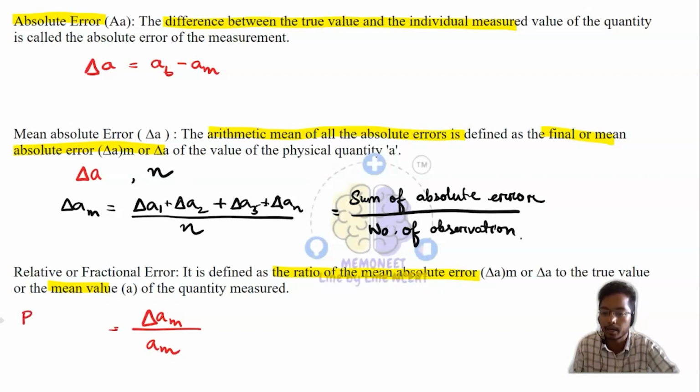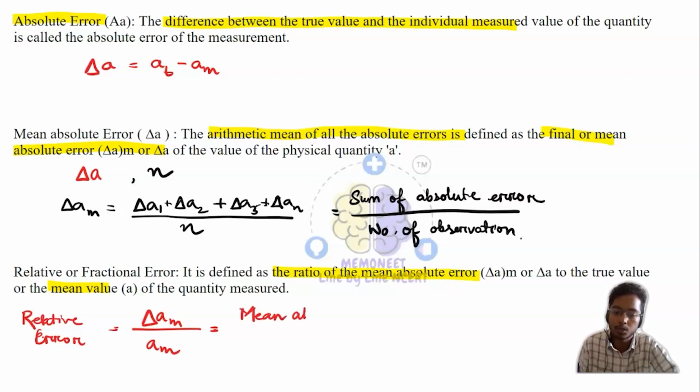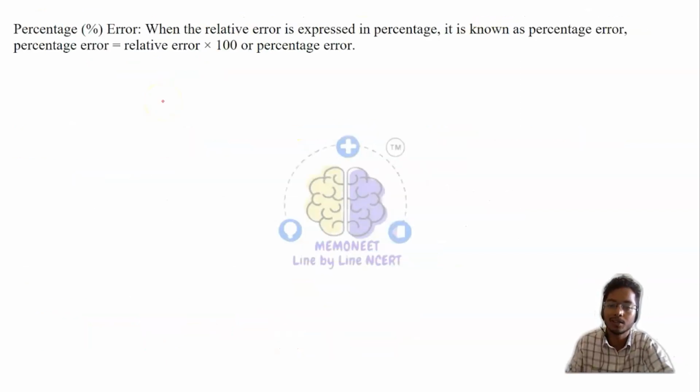This is the relative or fractional error: the mean absolute error upon the mean value. When expressed as a percentage, it is the percentage of error.